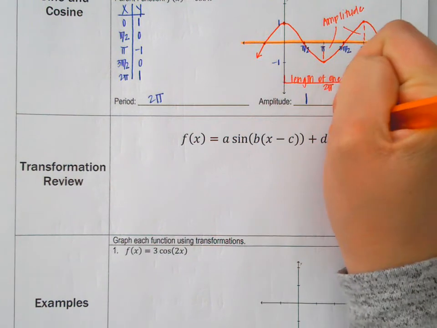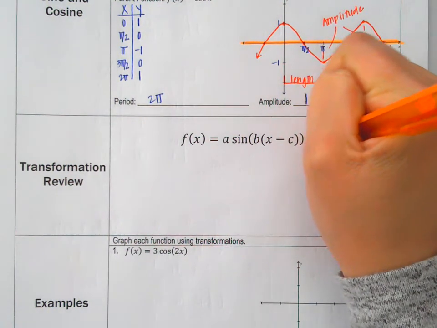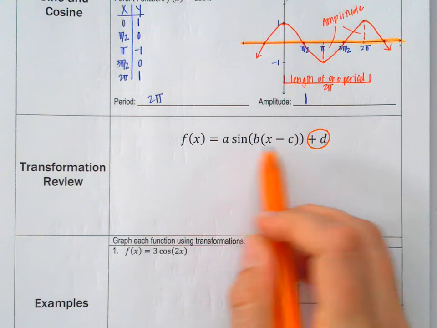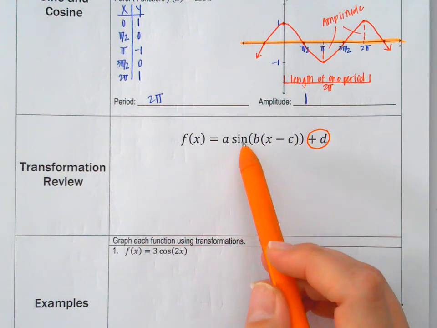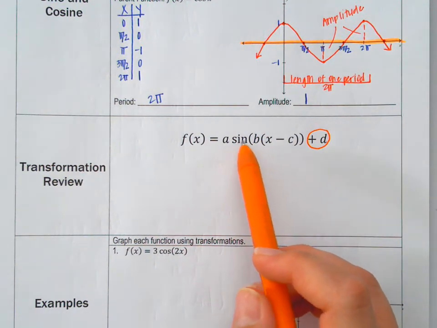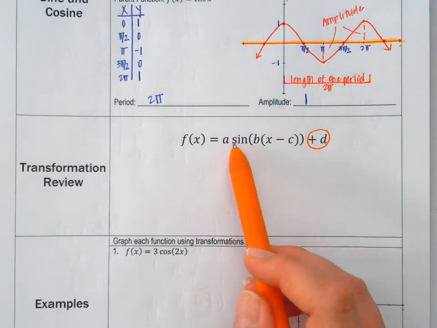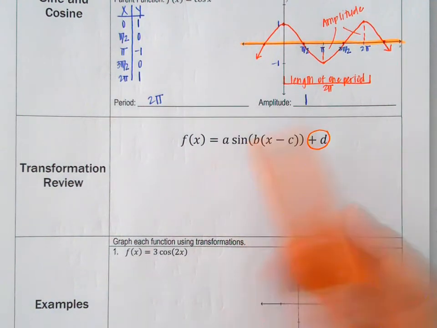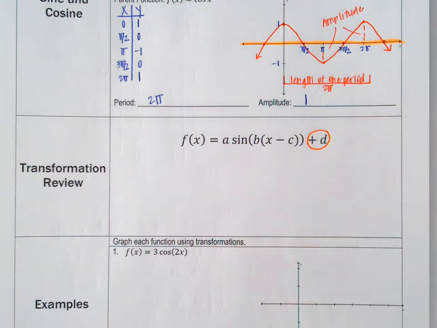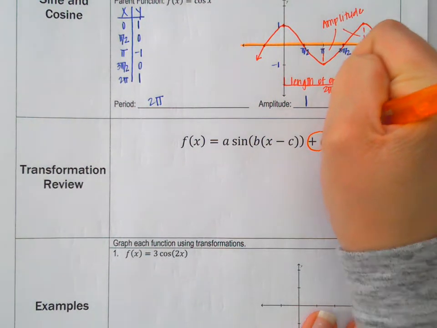Okay, so let's start with the one that we probably know is the easiest, which is D. So is D within the function or is it outside the function? And remember, this can be replaced. So this could be part of any function. I could have put cosine here, but I just put sine here. So is D within the function or is it outside the function? And if you're saying outside, you would be correct. So when it's outside the function, is that a change to an x or is that a change to a y? And it would be a change to the y values.